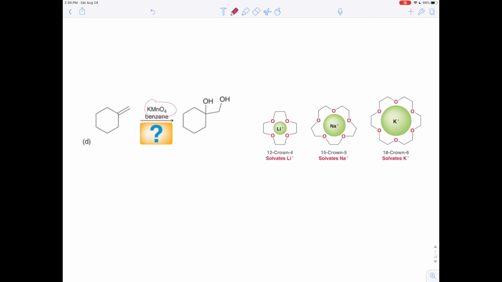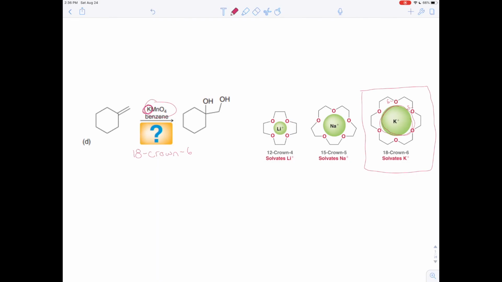Nonetheless, we can use a polar reagent by mixing it in with a crown ether. The key thing here is to notice you have potassium, the cation, the positively charged ion that you want to steal away, and the perfect crown ether for that is 18-crown-6, because 18-crown-6 creates a pocket inside of it.